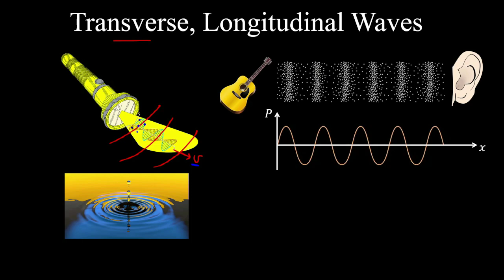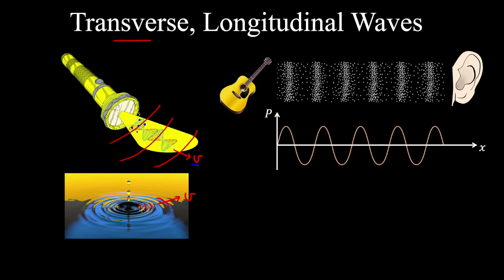So another example is this wave propagating in water. So for example, if a rock is dropped in a pond, the wave front is propagating in this direction at some velocity.